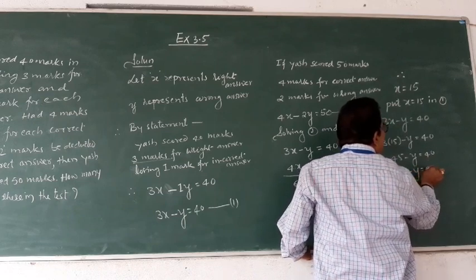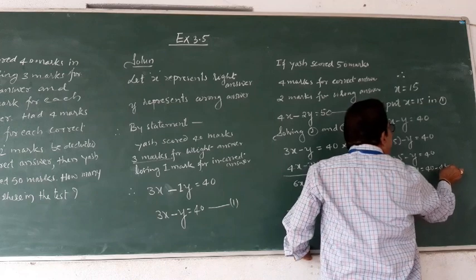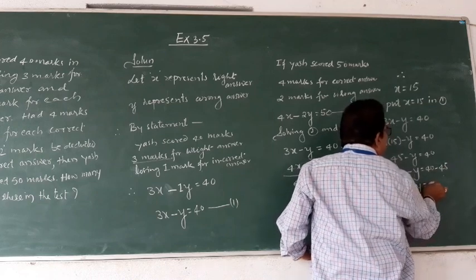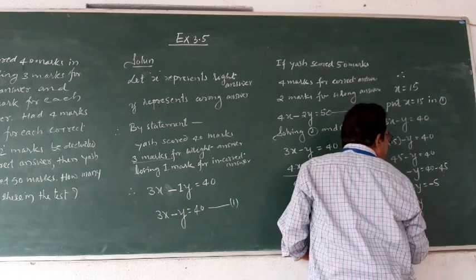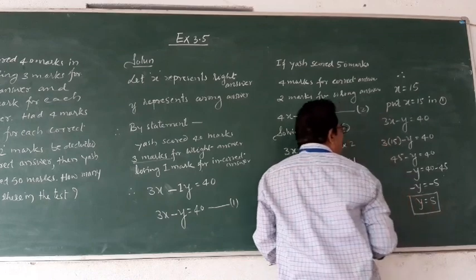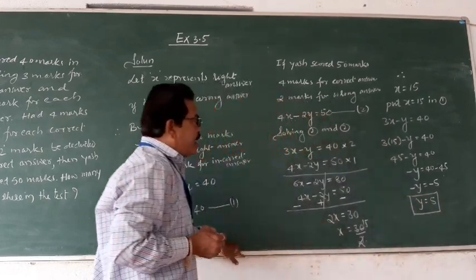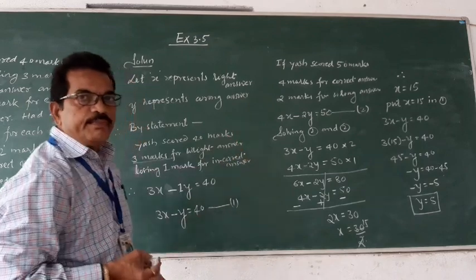Minus y equals 40 minus 45. Therefore minus y equals minus 5. Therefore y equals 5. Now write down the solution. Then I will explain once again.